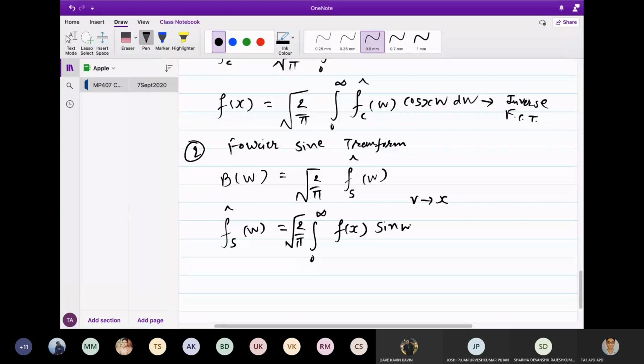So sin(wx) dx. All right. So this is your Fourier sine transform.